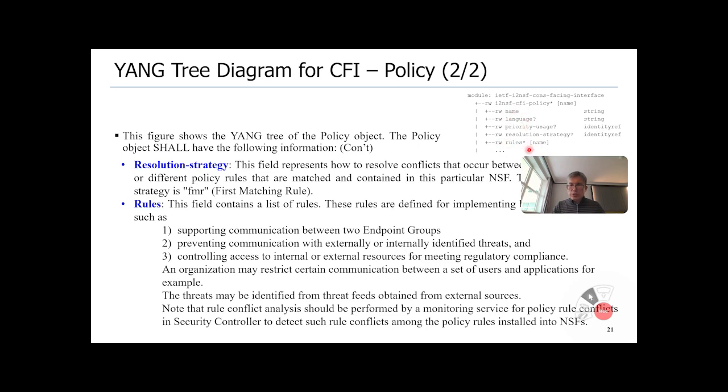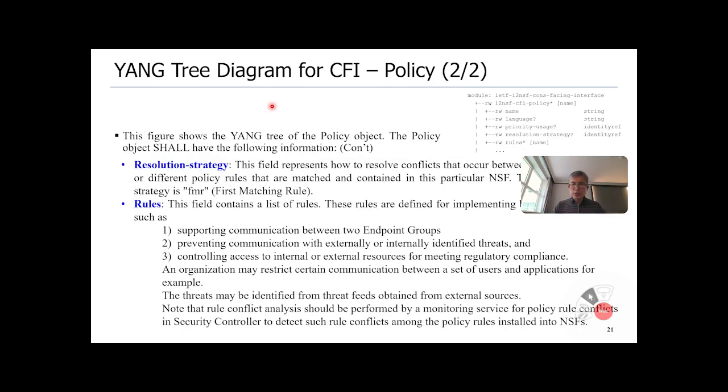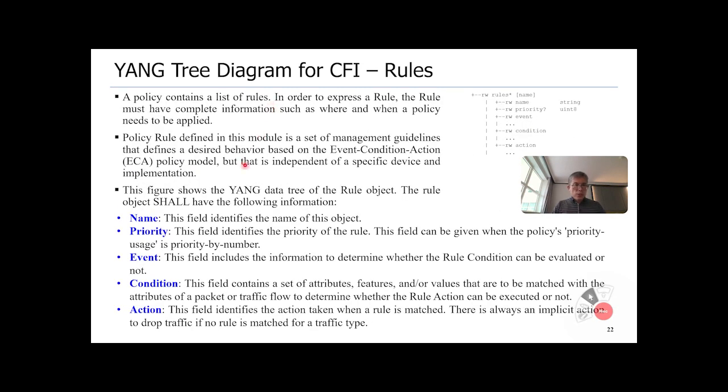Rule star means multiple rules, so a list of rules to execute that define event and condition. So according to the ECA policy model, we execute a corresponding action. So this YANG tree of rules consists of name, priority, event, condition, action.